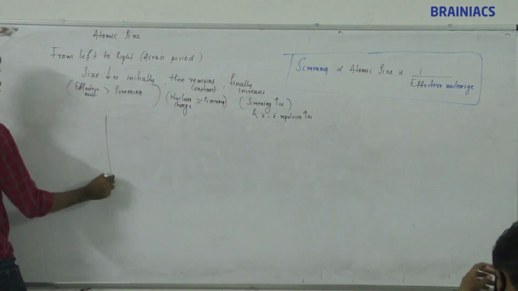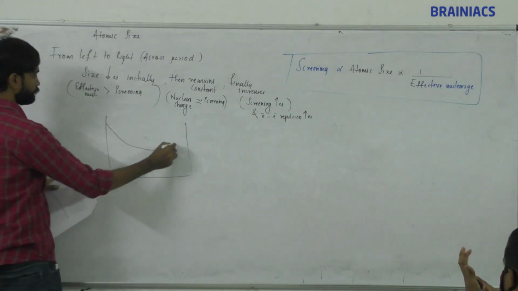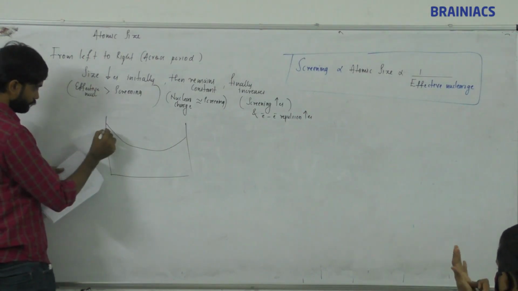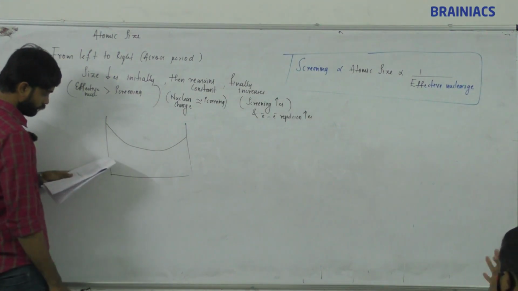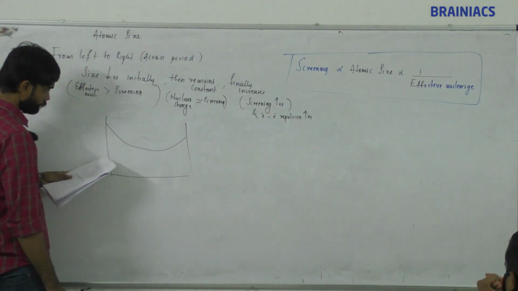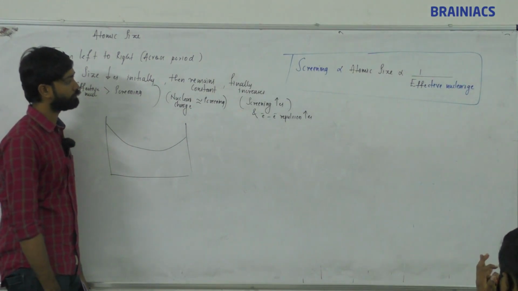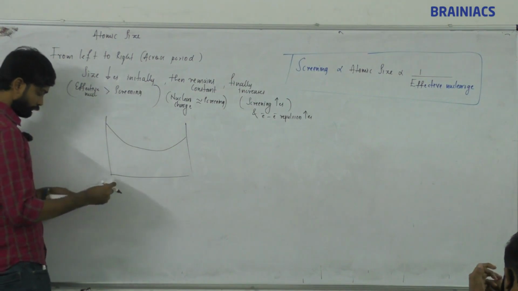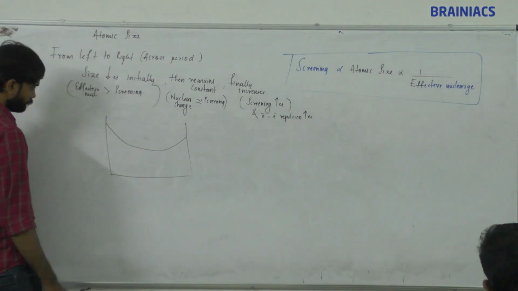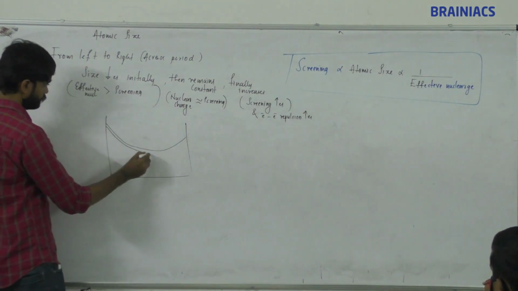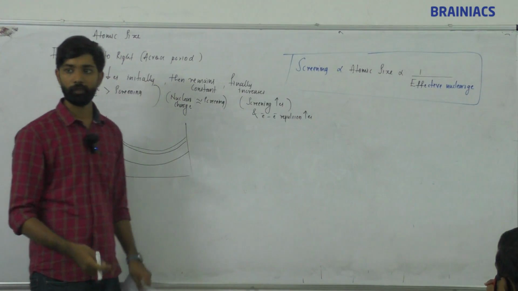There is a figure representing the variation of size in your textbook. Down the group, size increases or decreases?